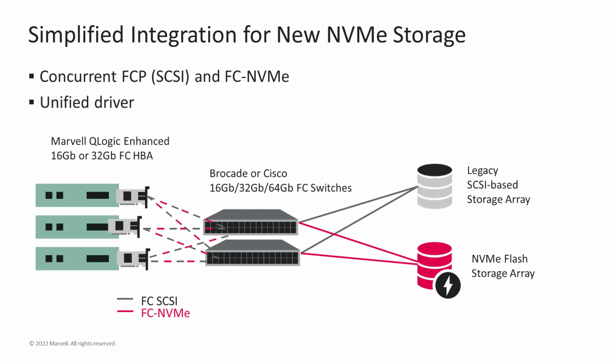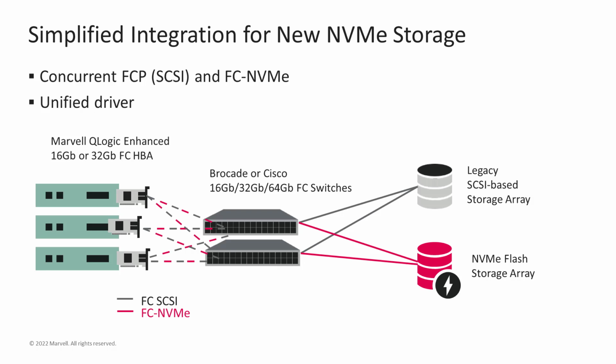On the host side, the good news is that 16 gig enhanced and 32 gig Fibre Channel HBAs can support concurrent communication of both SCSI and NVMe commands on each adapter port. So the host can connect to the storage using the existing HBA in most cases. Where complexity comes in is in the driver design.